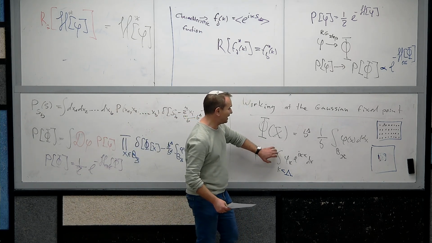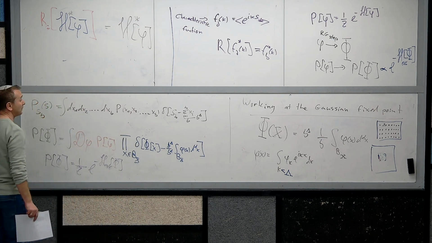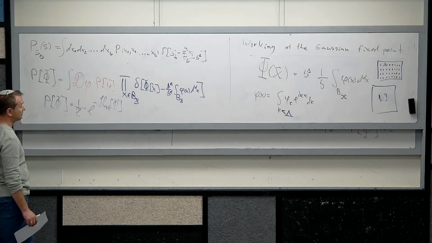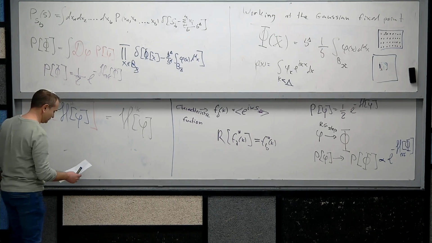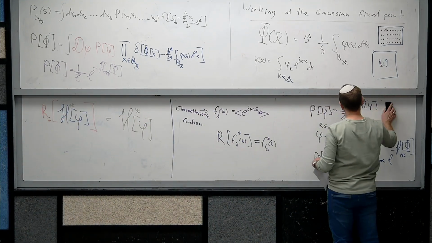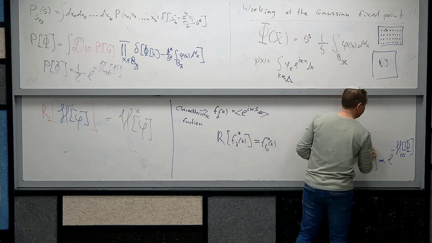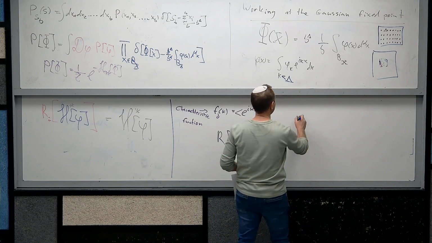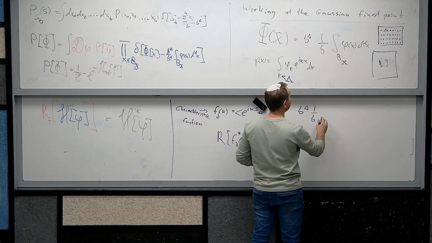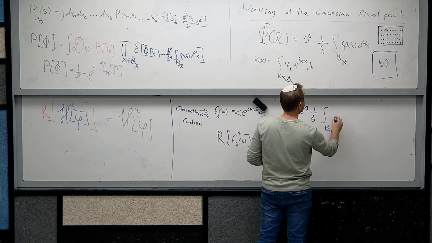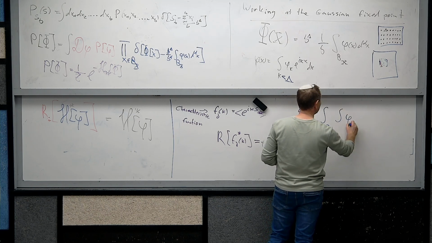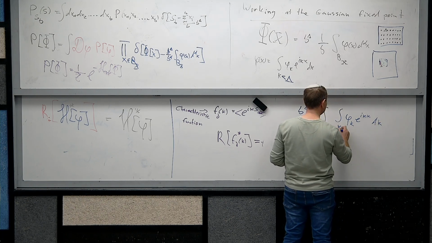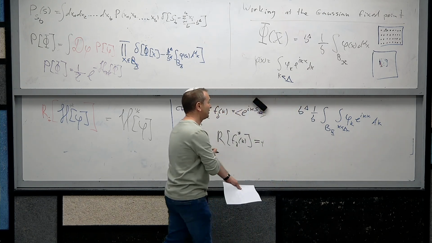Now I take this and plug it inside. I have b to the delta, 1 over b to the d, an integration over the box of x, and here I have an integral of phi of k e to the ikx dk, where k is smaller than the upper limit, big lambda.